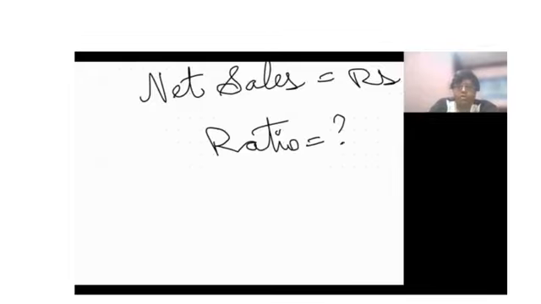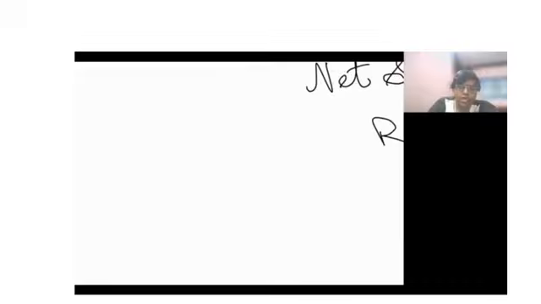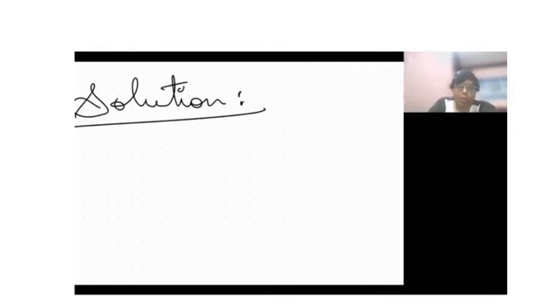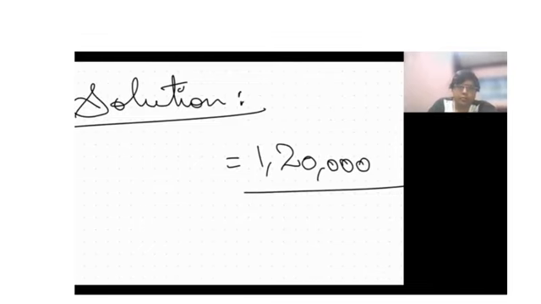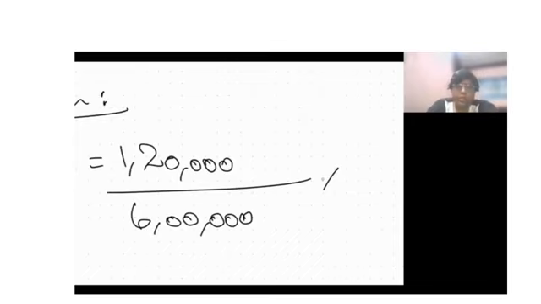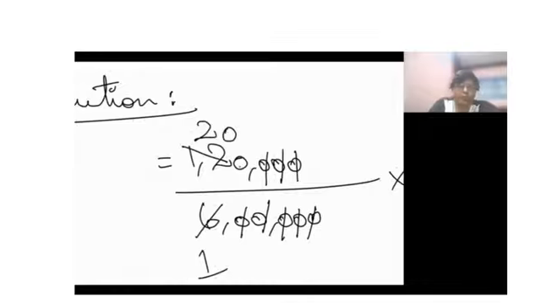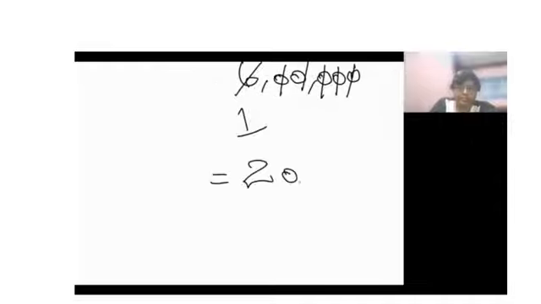The same method we are going to do. Solution: 1,20,000 divided by 6 lakhs, into 100. Again, we are going to cancel zeros. So it will be 20%.